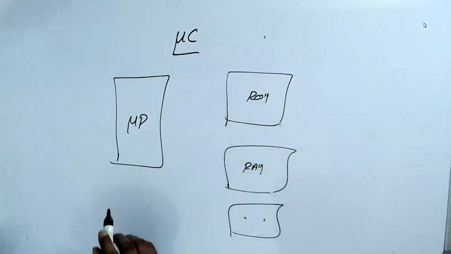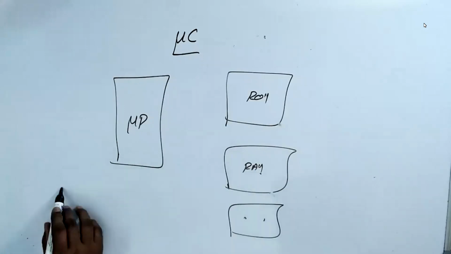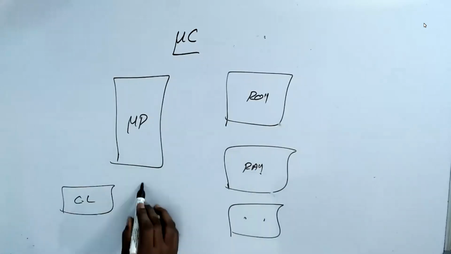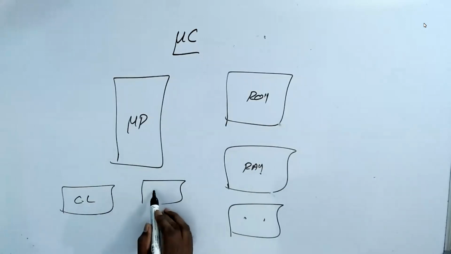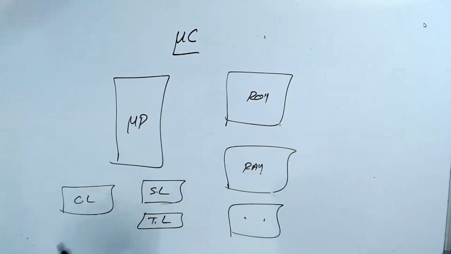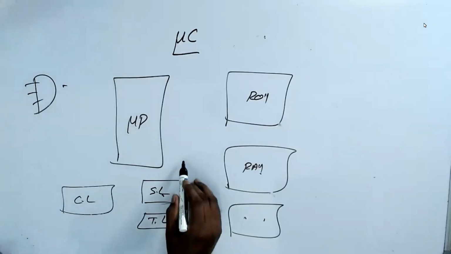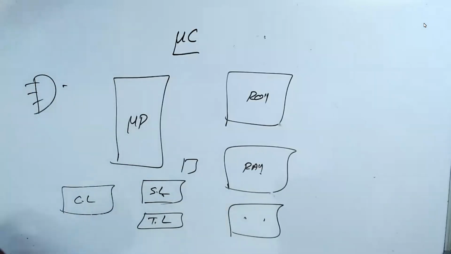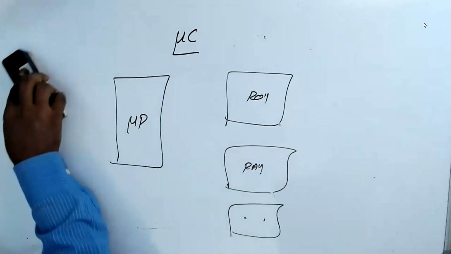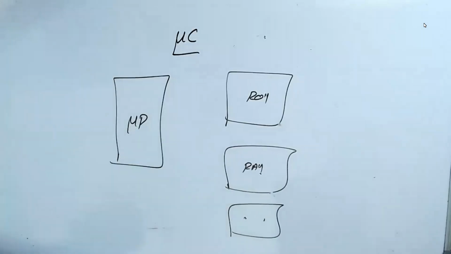As we discussed in the digital electronics class, it is nothing but combinational logic to select the particular line, sequential logic to store, and tri-state logic to read. What is combinational logic? It is nothing but gates. What is sequential logic? Nothing but gates. So what is inside the microprocessor is nothing but gates.